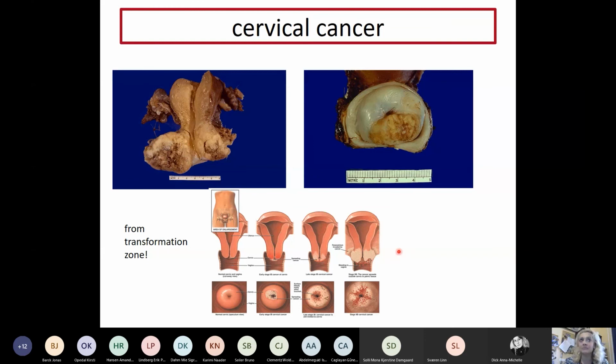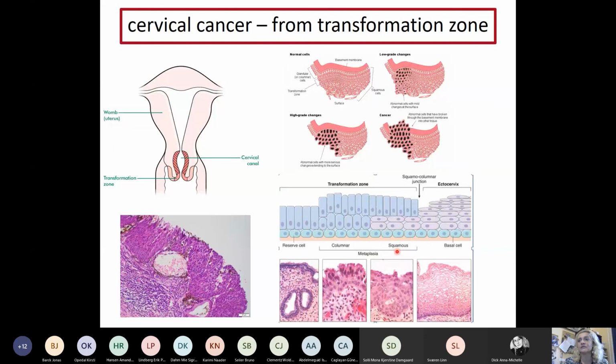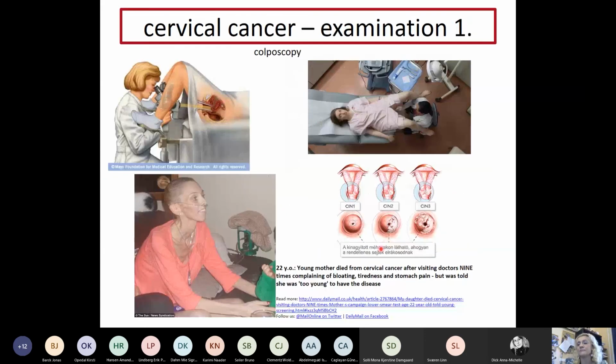It's a common type of cancer in women. Of course, you don't have to know details from this slide. You will learn this later in pathology in detail, but you have to know that the transformation zone is where this very active epithelial change happens, and this is what is vulnerable to a malignant transformation as well.